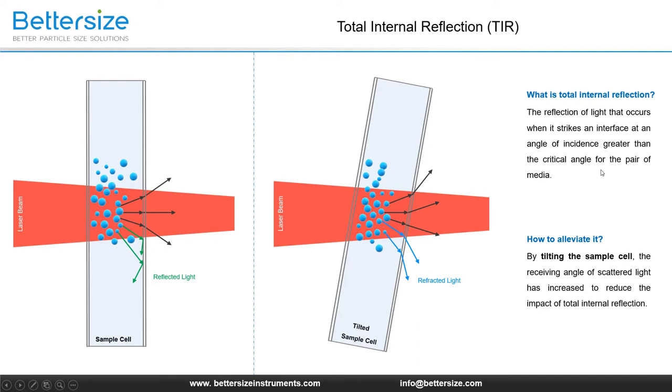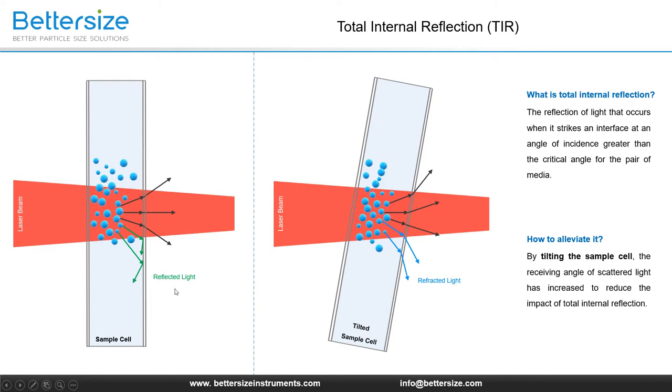The phenomenon occurs if the angle of incidence is greater than a certain limiting angle, called the critical angle. This phenomenon happens in a sample cell as well. It causes the effective receiving angle for scattered light to decrease and overall reduces the detection range of an analyzer.